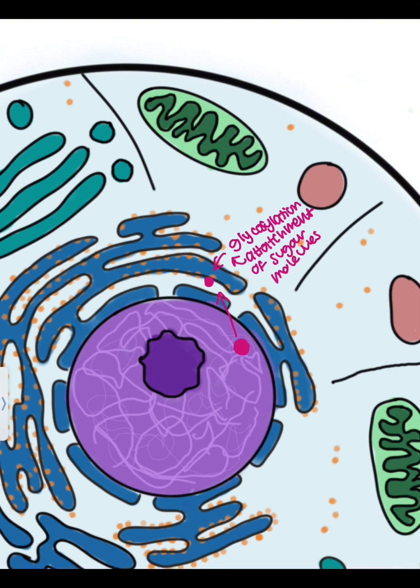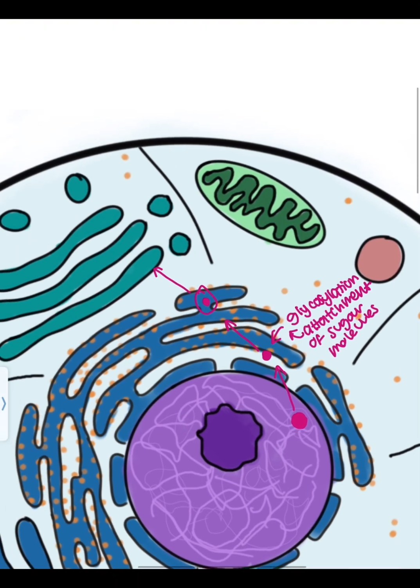And from here, it's going to be transported to the Golgi apparatus, where the glycoprotein is going to undergo further sugar modifications until it's prepared for delivery to the cell membrane.